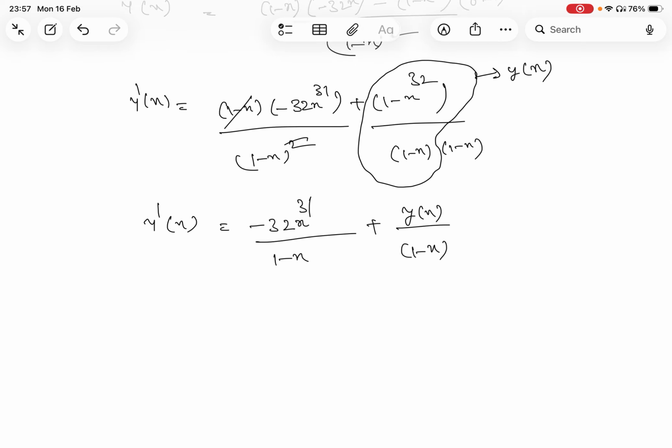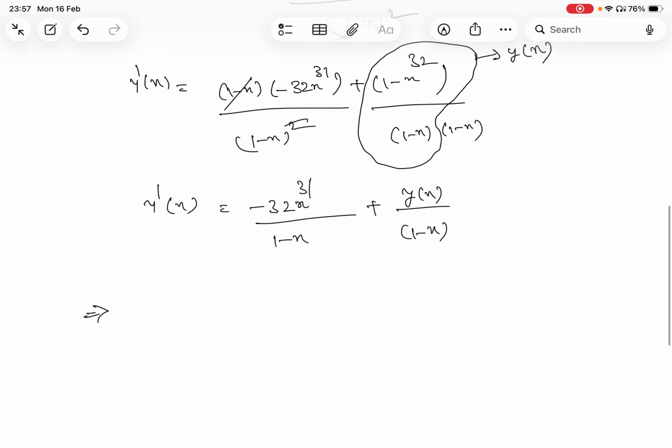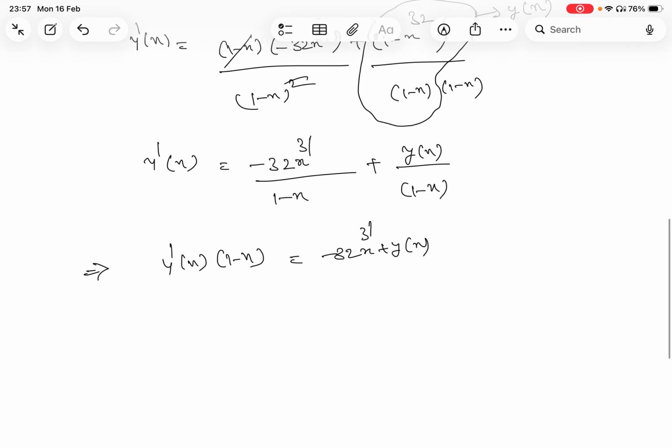Now let's simplify this further. Then the LCM will be: y dash of x into 1 minus x is minus 32 x power 31 plus y of x.